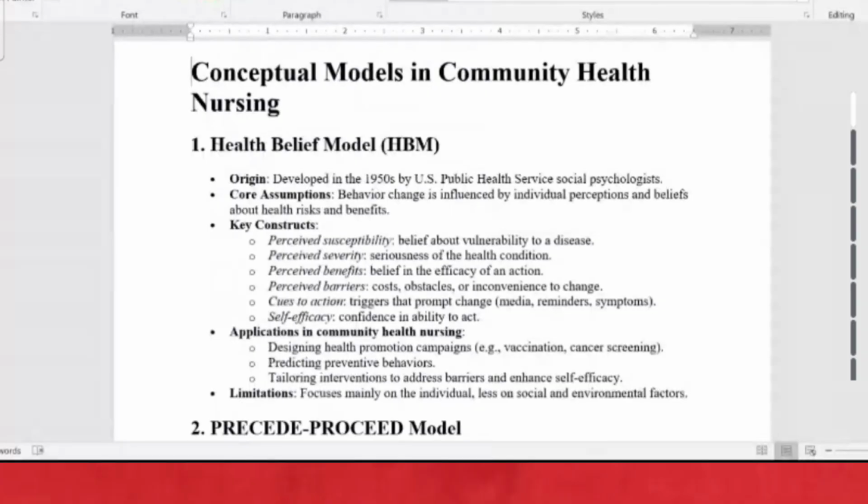Now, we have got another building block, perceived barriers. As much as you can go and seek a particular health service, we also have some obstacles on the way, like the distance, the cost of that particular service, or the environment, maybe it is not conducive. So it becomes another challenge.